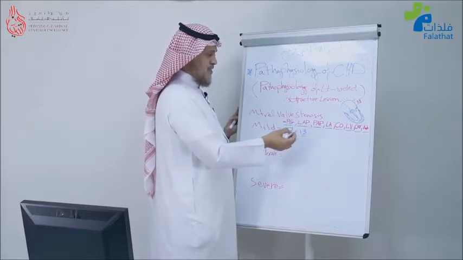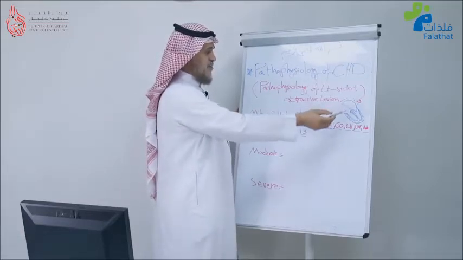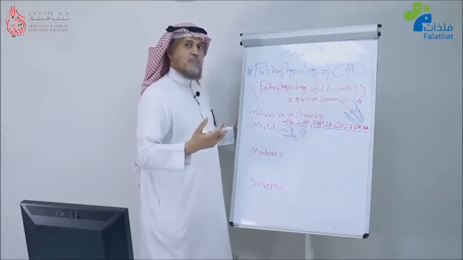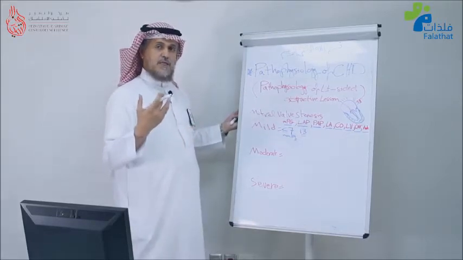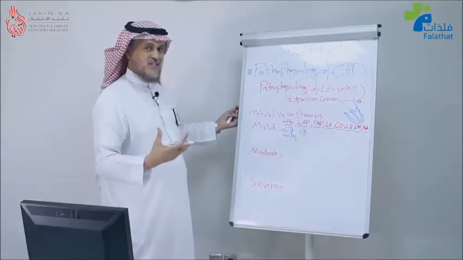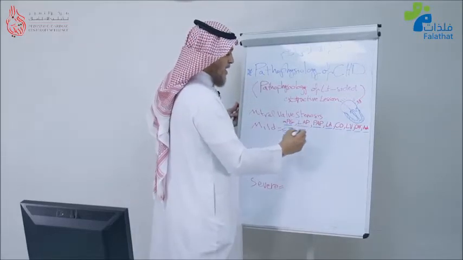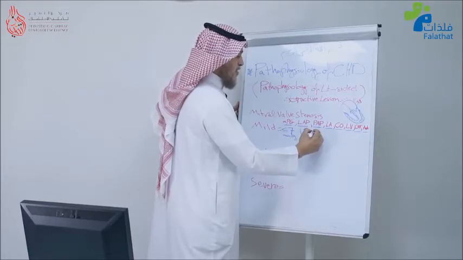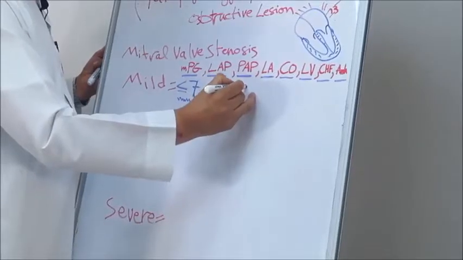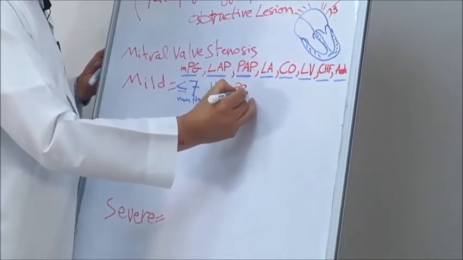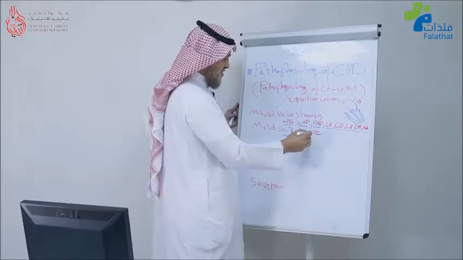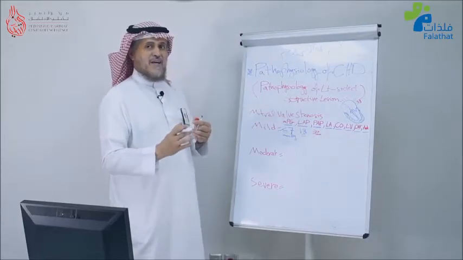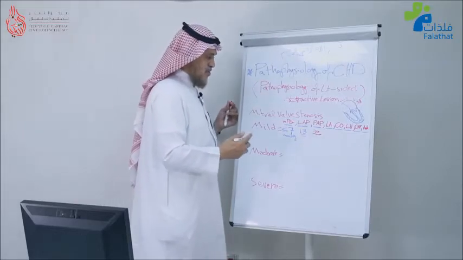If we add the difference, which is the 6 millimeter mercury, to that 15, it may be 25. If we take the higher normal mean PA pressure being 25 and we add the 6, the PA pressure will be, in a mild mitral stenosis, maximum mean of around 30 millimeter mercury, which is just above the normal by 5 millimeter mercury, or maximum by 10 millimeter mercury.